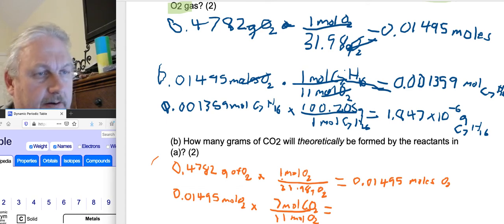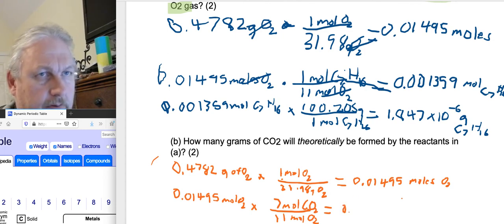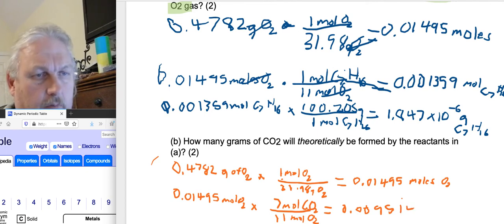And there I've got 0.0095, and we'll do 4 sig figs: 0.009514 moles CO2.